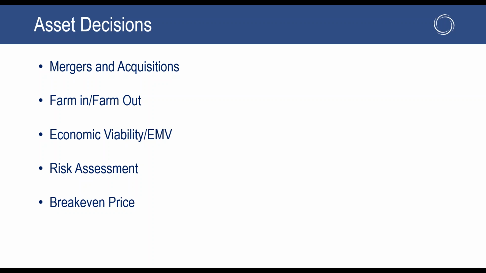And I guess this is where analysis such as break-even price, sensitivities and Monte Carlo come into things, because as an example, break-even price is probably one of the simplest analytical tools available, but actually it's not done as often as you think it would be, and so having the ability to do that very quickly and very easily is very important.